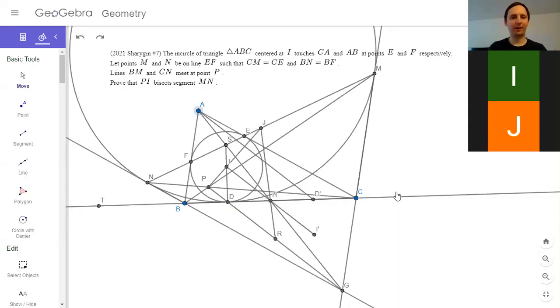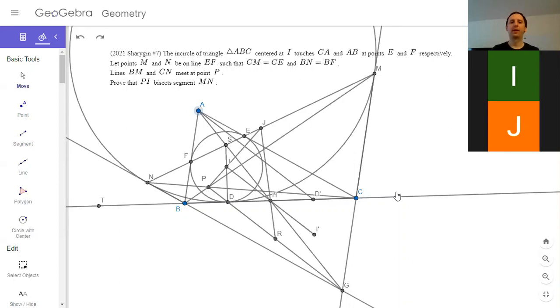I'm going to draw it out on paper. Let's see. We have a triangle ABC with incenter I. DEF is the contact triangle. Michael, have you already proved that CM is parallel to AB?